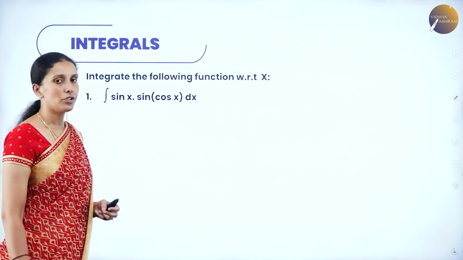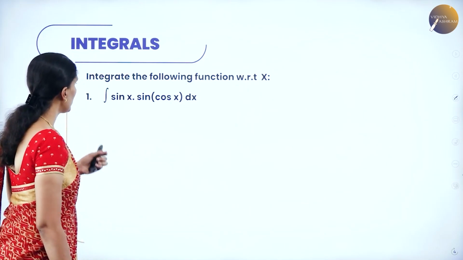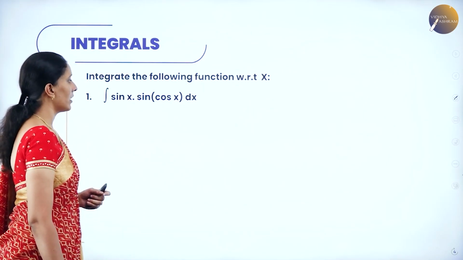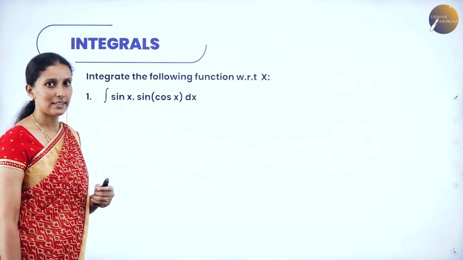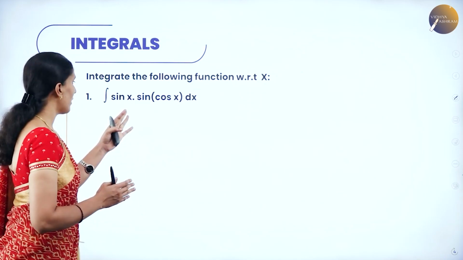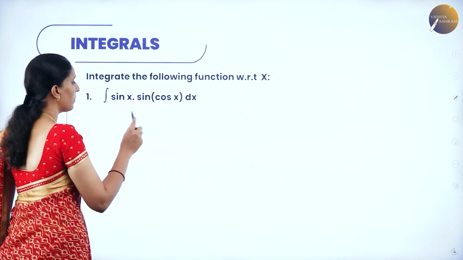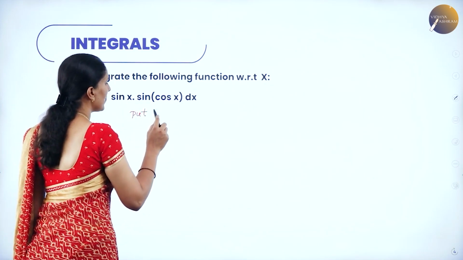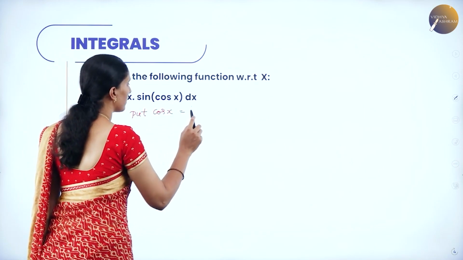Integrate the following functions with respect to x. The first one is integral of sin x into sin of cos x dx. Again we are going to use the substitution method. Clearly you can see, you can put cos x equal to t.